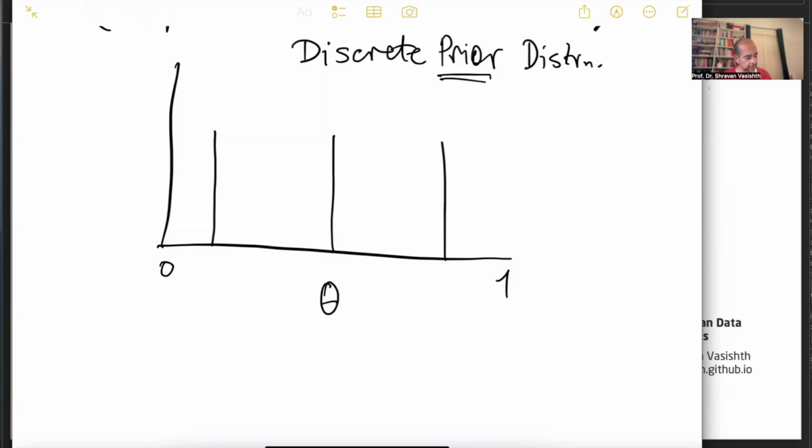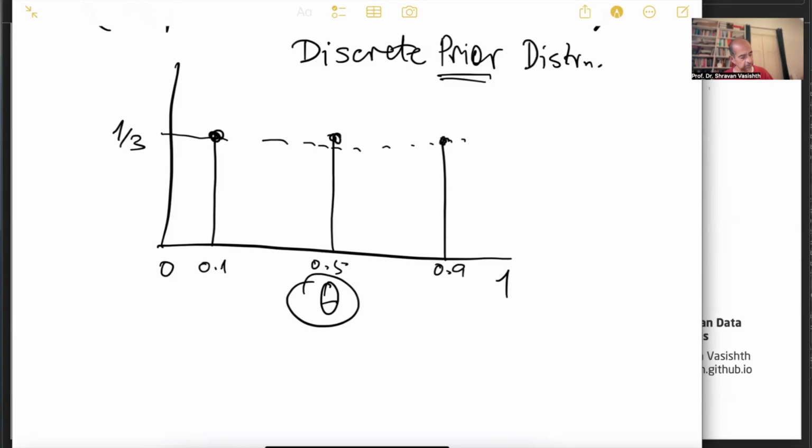So we've defined a prior distribution on theta, and because this is a discrete distribution, I could say something like 0.1, 0.5 and 0.9 are possible values of theta, assuming that theta is a probability in a binomial distribution. If all these values are equally likely, then the value on the y-axis has to be 1/3, because the probabilities of these three possible values of theta have to sum to 1.